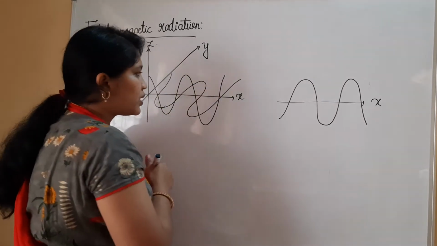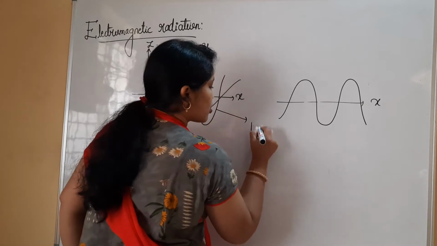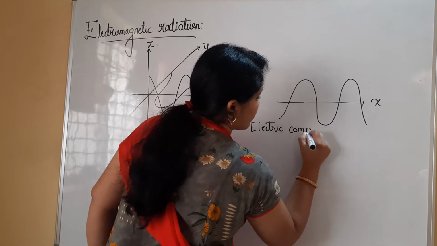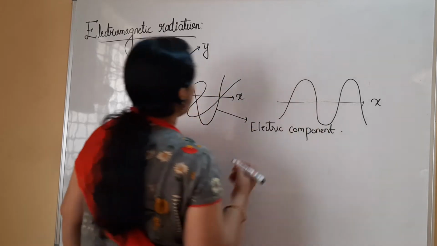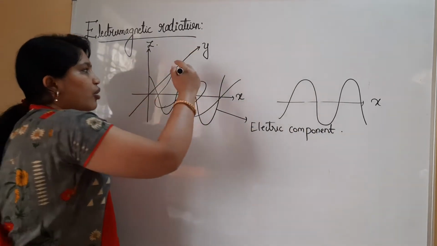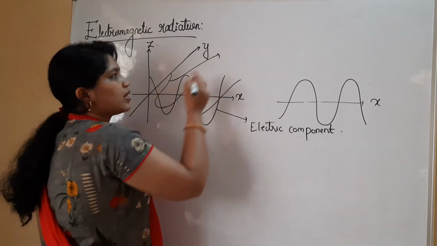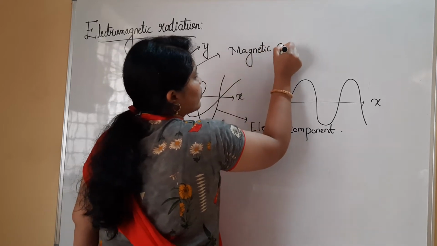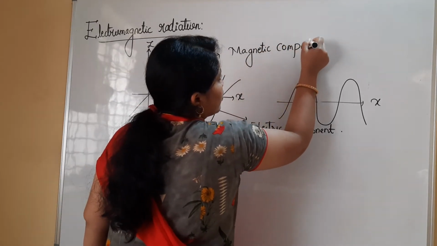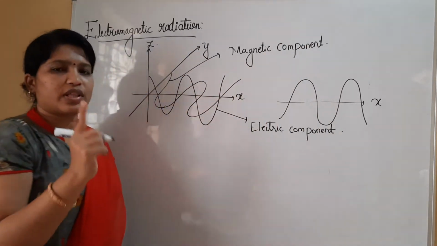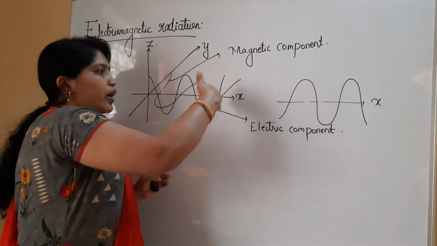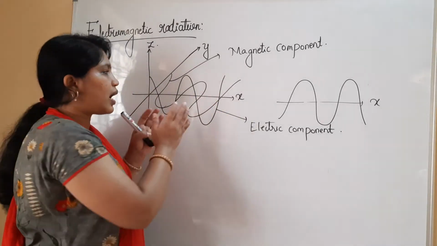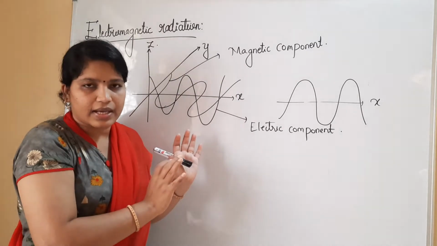The wave which I have represented along the x axis is called the electric component. And the wave which I mentioned along the y axis is called the magnetic component. I must mention one more thing here: the waves vibrating along the x axis are perpendicular to the y axis.